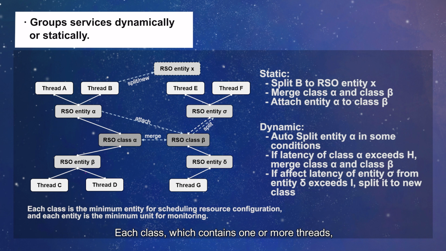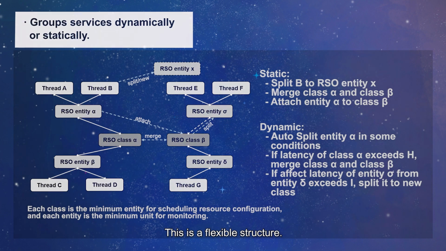Each class, which contains one or more threads, is a minimum entity for scheduling resource configuration and monitoring and determines cache and bandwidth usage. The advantage of this design is that a thread can be monitored as an independent entity. This is a flexible structure.